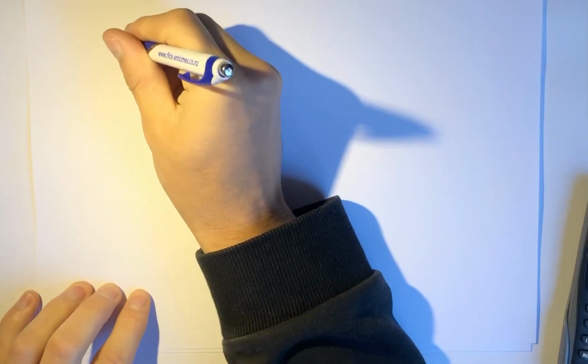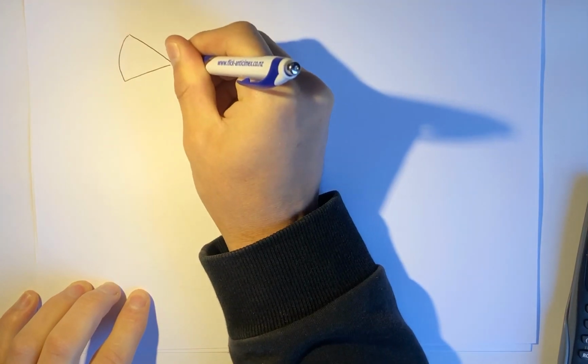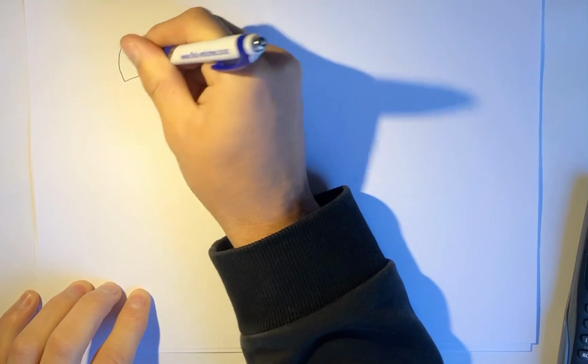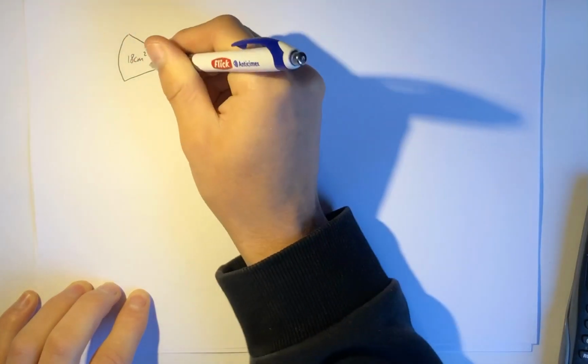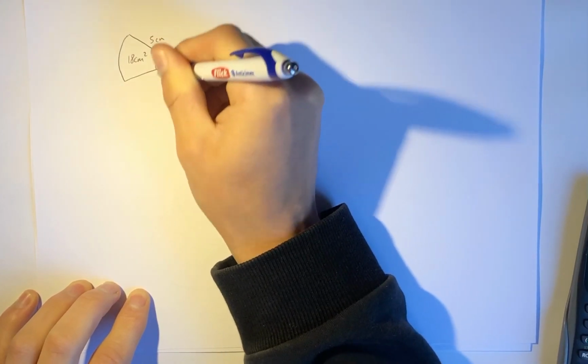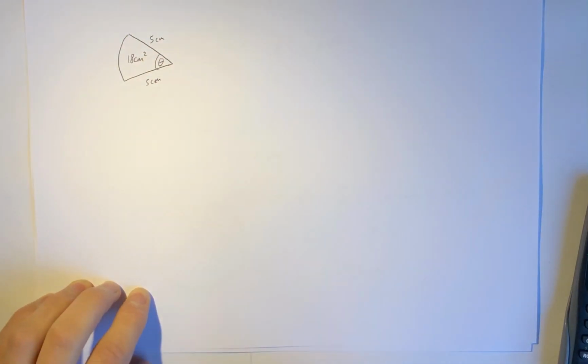So what if we didn't have the angle but we had the area? So we take our sector, right? This is a sector. If we know it's 18 centimeters squared, and I want to know this angle given that its radius is 5 centimeters.